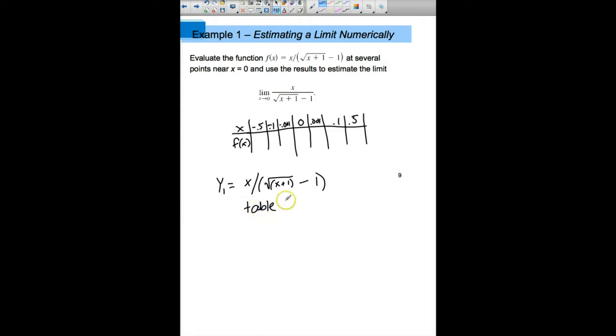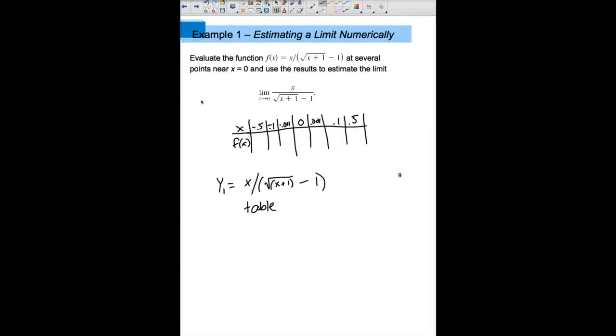If you go to table, you're going to have to change what the table counts by to get these values. Or if you'd like to, you can go to second window, which is table set, and have it ask for the independent variable.